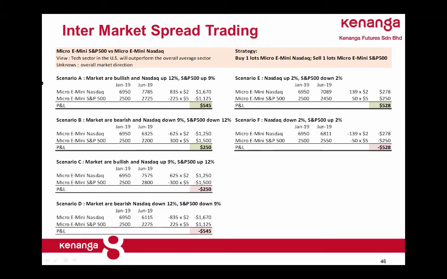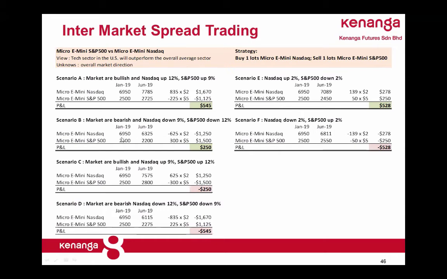Scenario A, let's say the technology sector did outperform the average sector. Then you have Nasdaq up 12% and S&P up only 9%. By doing so, you result in a profit of 545.